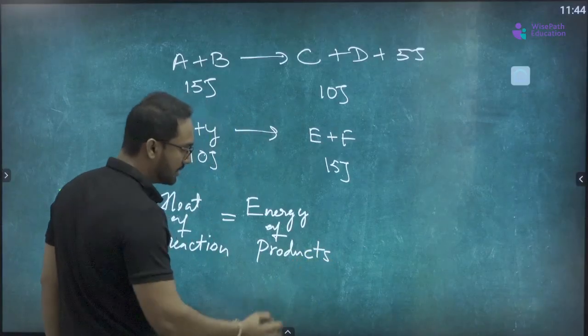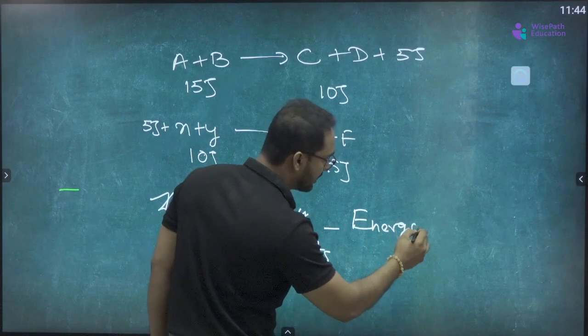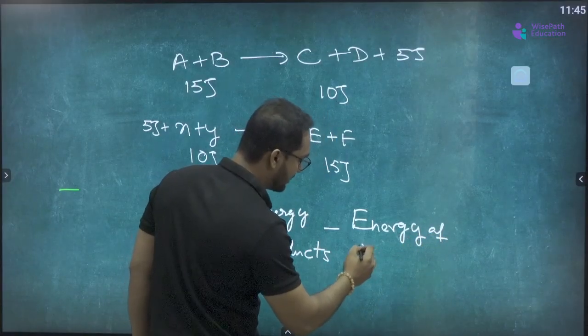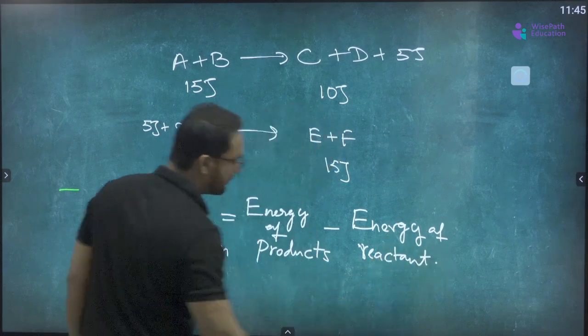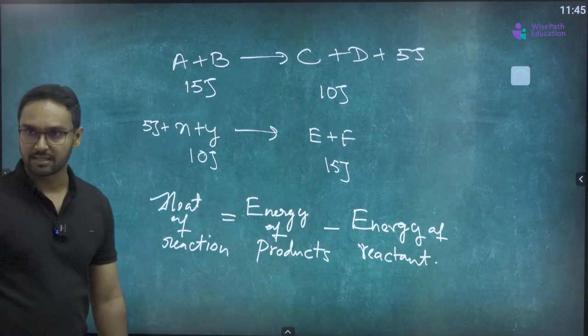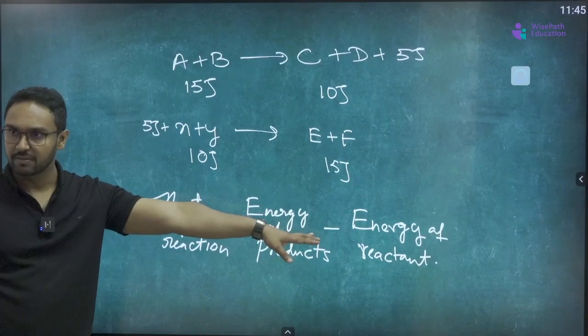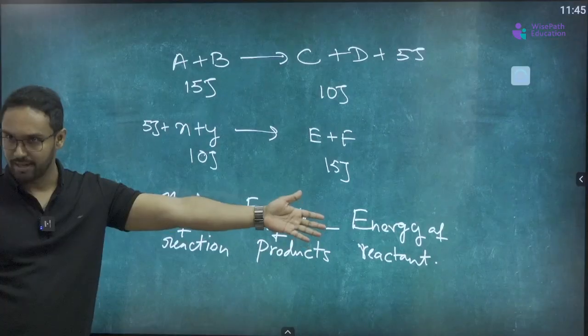Energy of products minus energy of reactants, right? This is how you calculate the heat of a reaction. Energy of products minus energy of reactants. Always products minus reactants, products minus reactants, right?